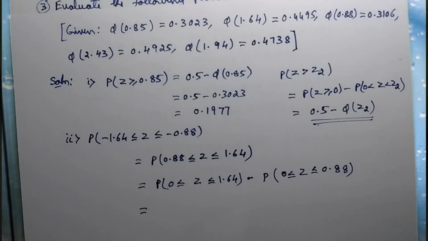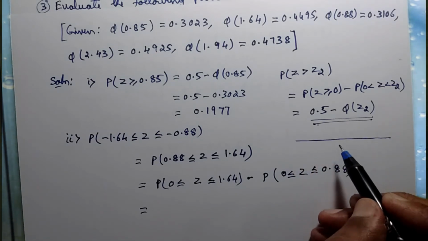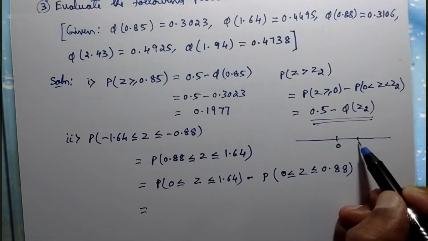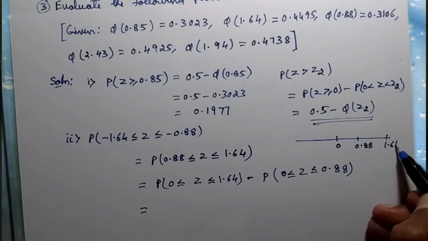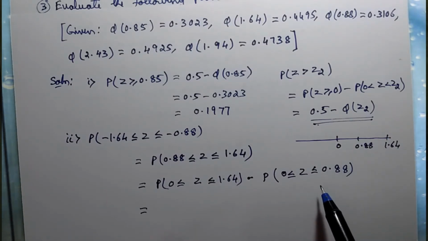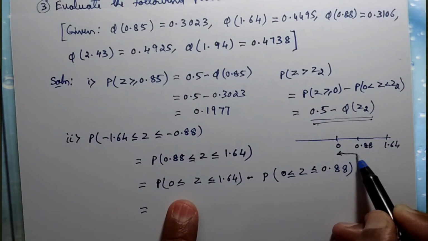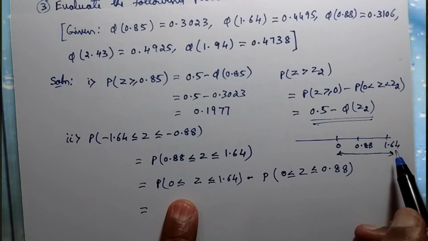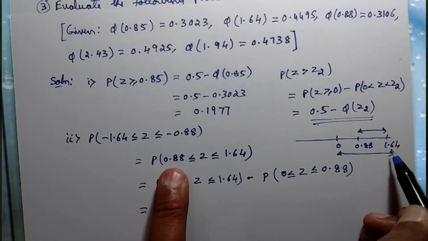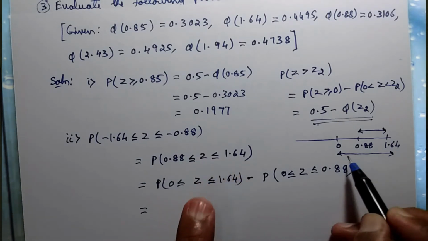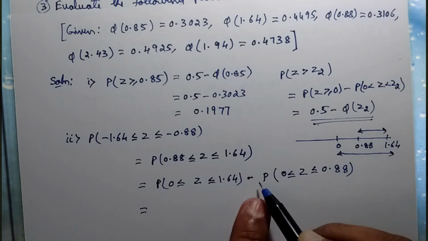If you want to check this, suppose you are taking a number line over here, you have 0, then 0.88, and then 1.64. What you are doing is taking the first value directly from 0 to 1.64, but you want the values only between 0.88 to 1.64, but you have taken additional value from 0 to 0.88, so you have to subtract that.